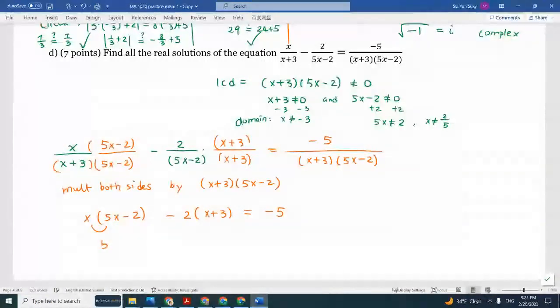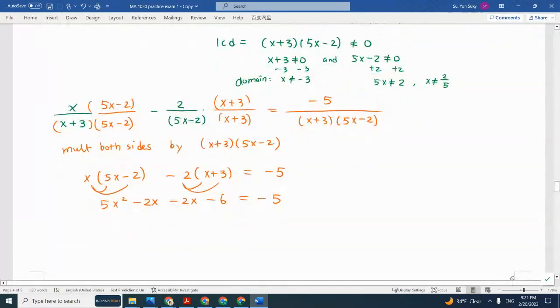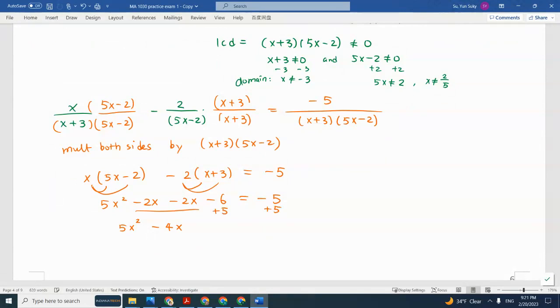Distribute: 5x squared minus 2x minus 2x minus 6 equals negative 5. Combine like terms: minus 2x minus 2x is negative 4x. Let's move the 5 to the left. You see? Negative 6 plus 5 is negative 1.